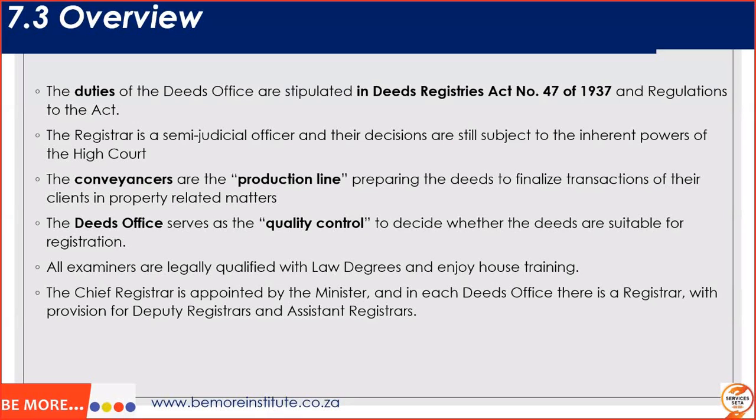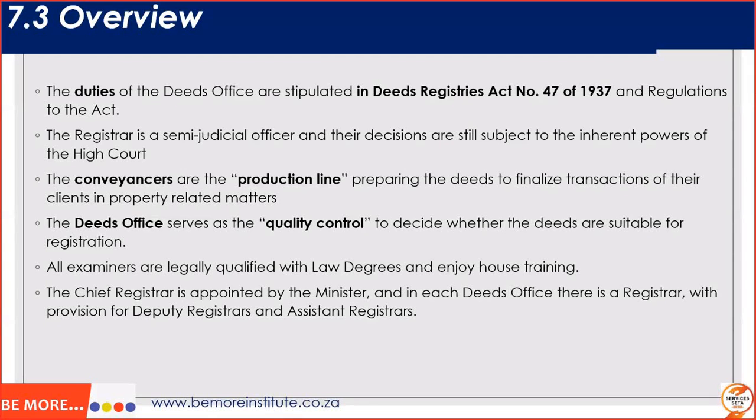Like I said earlier, sometimes a will puts an attachment on a title deed, so it is important that people with a background in law understand the implications of those attachments that you will find in there. The chief registrar is appointed by the minister, and in each deeds office there is a registrar, with provision for deputy registrars and assistant registrars.